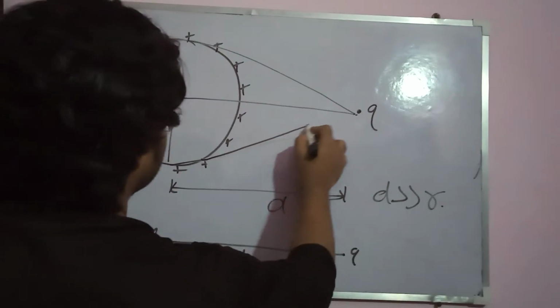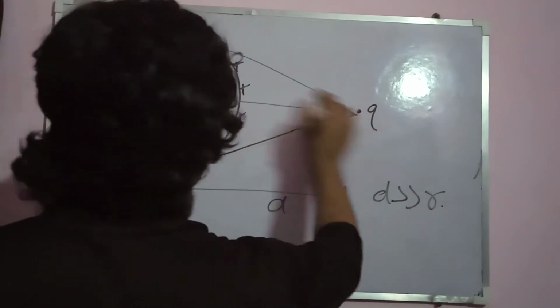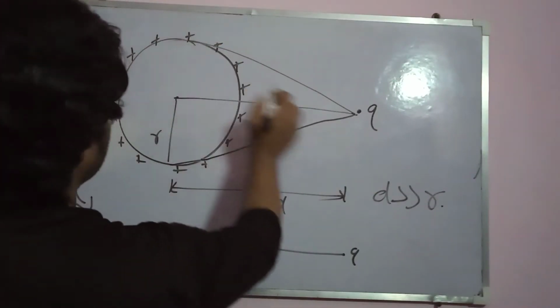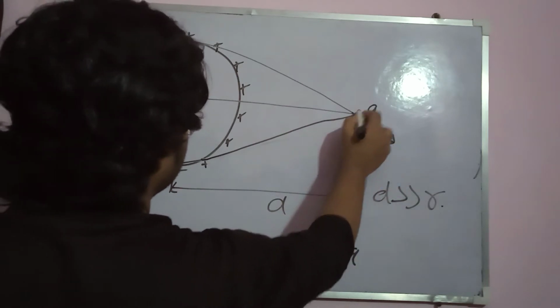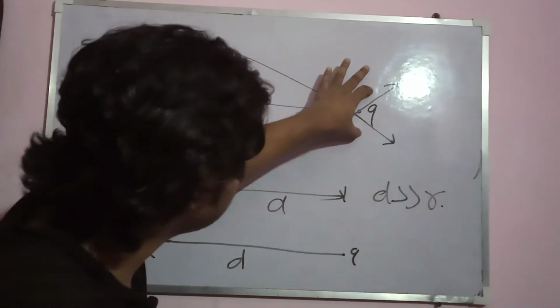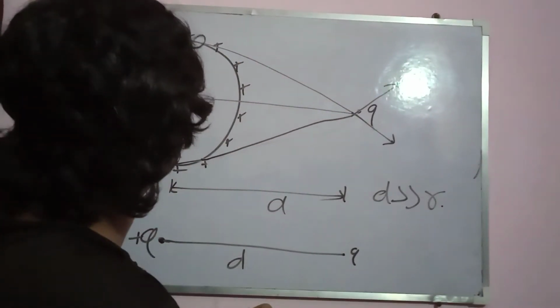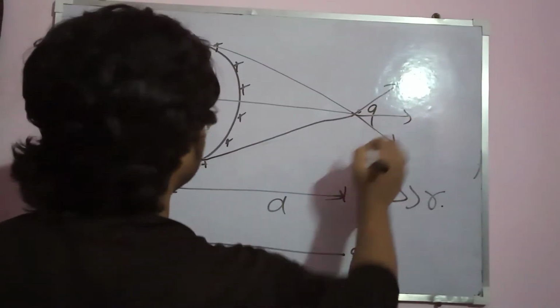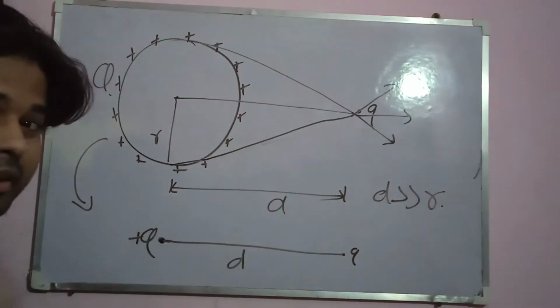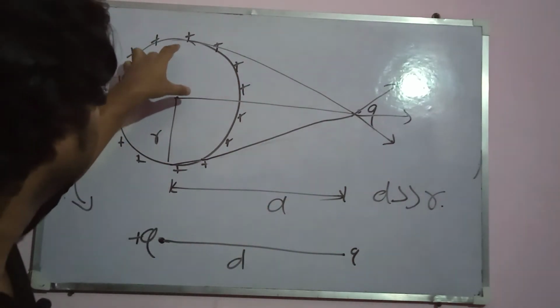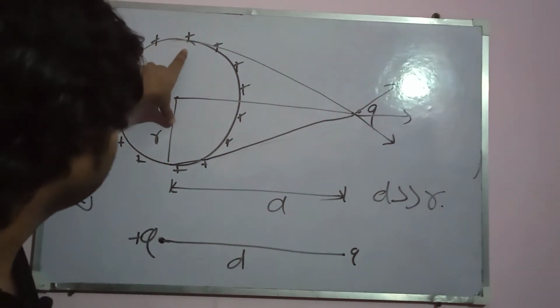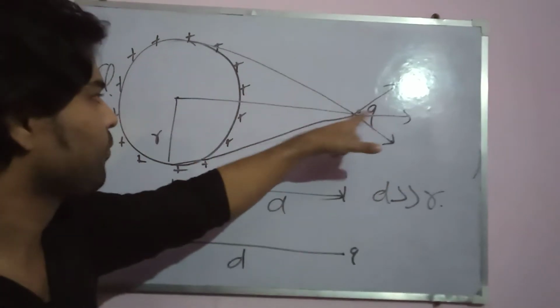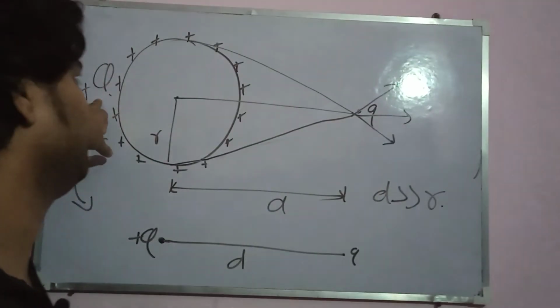The force by this point will be in this direction, and this point will be in this direction. The resultant of these 2 forces will be the force by these 2 charges at this point. And if my analysis is right, then I can replace this charge by 2 point charges at the center. But this force is quite shorter than this.